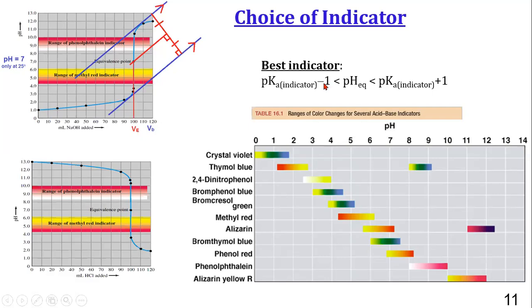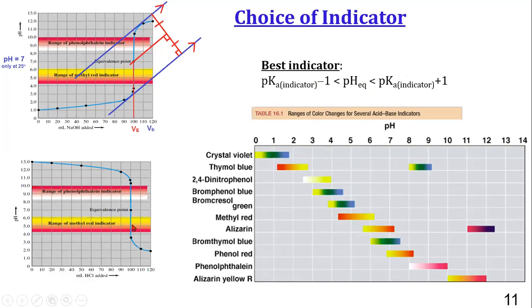If you take the pKa minus 1 or the pKa plus 1 of the indicator, you will see that the pH at the equivalence point of your solution is within that range. If it's within that range, then you could choose that indicator.